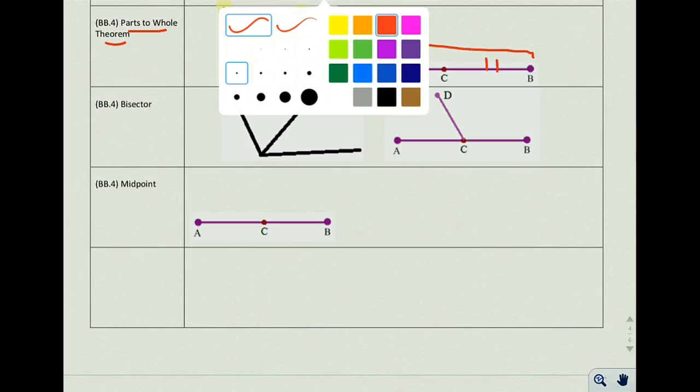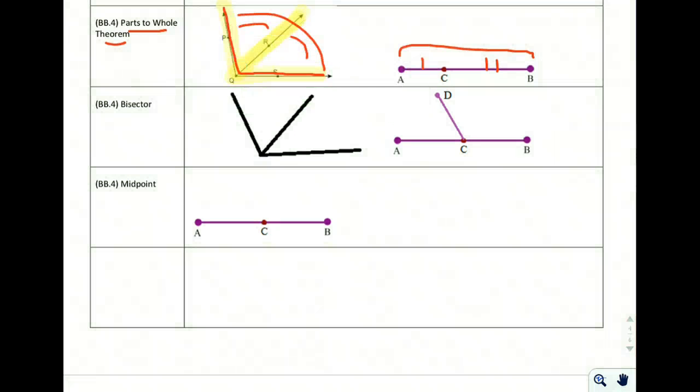Now if we're going to write that out, we could say over here we have angle PQR plus angle RQS, and that is equal to angle PQS. Same idea down here.